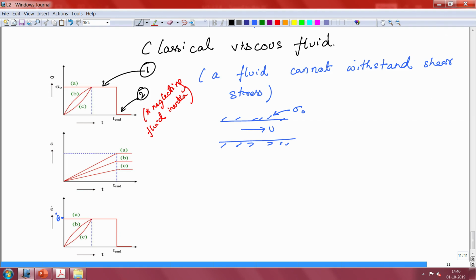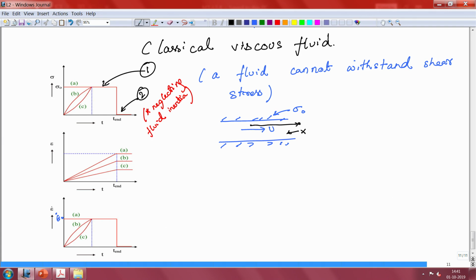But your strain value is going to be retained. So, a fluid element, if it has moved from one point to another point due to your application of stress, is not going to move back, right. So, it is just going to stay there the moment you release the stress, which means that the strain becomes constant in that case. So, we see that there is a small amount of difference with respect to that of a classical elastic solid, in that the stress and the strain diagrams seem to be different.